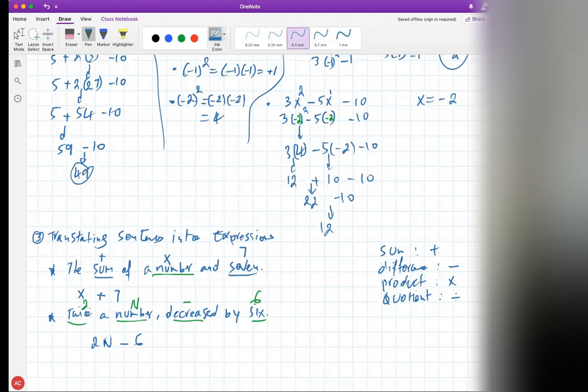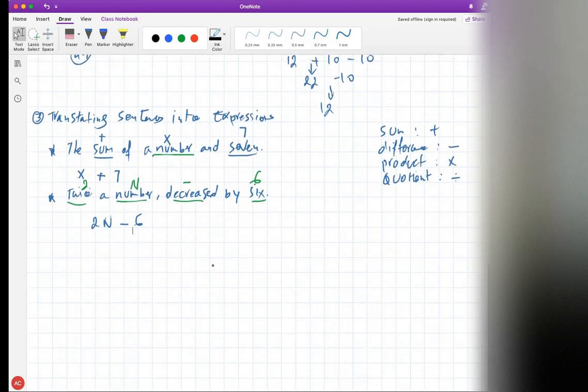Again, we use any letter to refer to the number. It could be x, could be n, could be a, no problem. If you don't want to confuse it with the multiplication, you can use n or a. That's one example. Let me give you another one.